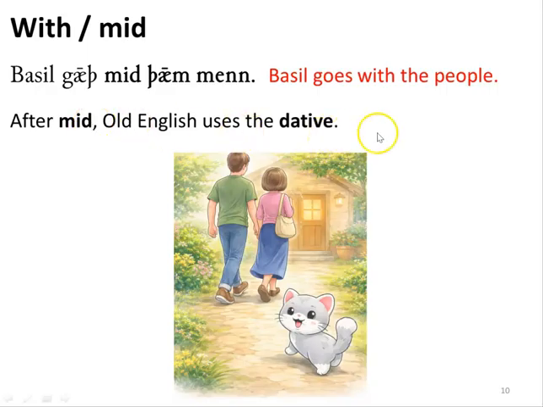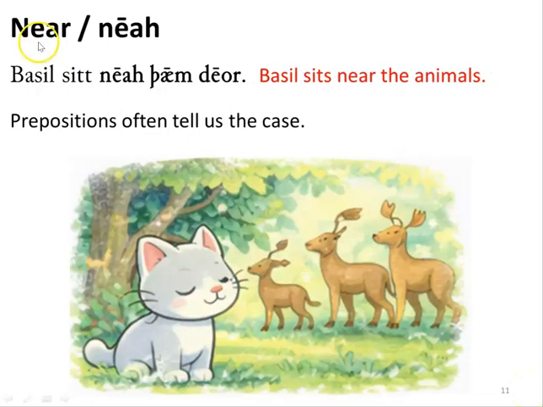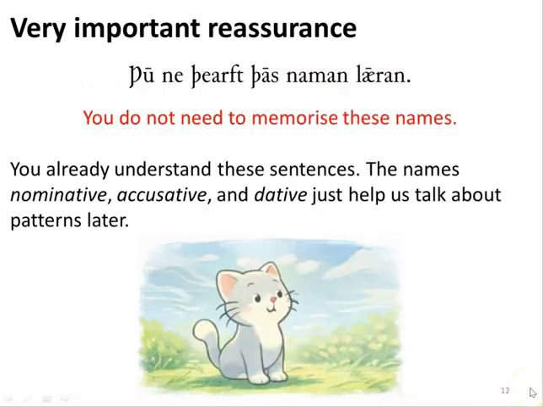After mid, Old English uses the dative. Near, which is nēah. Basil sitte nēah thām dēorum. Basil sits near the animals. Prepositions often tell us the case. When you see the preposition, you're generally going to get the dative afterwards.